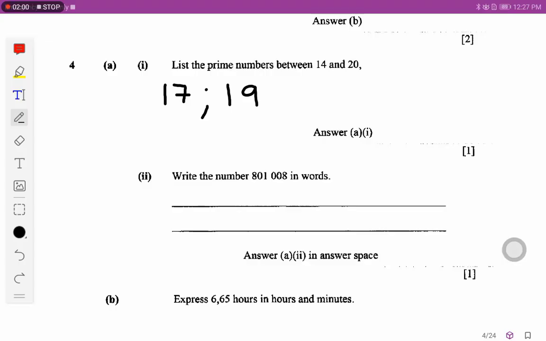I don't want to say the number because the moment I say it, it is in words. So this number is basically 800, 801.